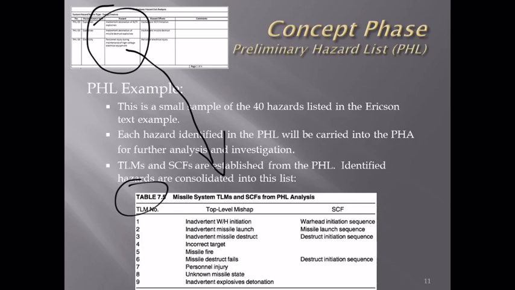That helps system designers know where to focus their safety-related resources. Additionally, the hazards identified in the preliminary hazard list will serve as inputs into the preliminary hazard analysis. Preliminary hazard analysis is going to be covered in the next video.